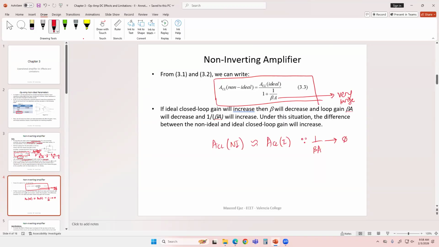So this shows that for all practical purposes, really there is no need to assume the 200,000 value for the open loop gain and use the non-ideal closed loop expression, because the non-ideal and ideal are going to be extremely close to each other, and there's an example that we're going to do to calculate the actual values to see how close they are.